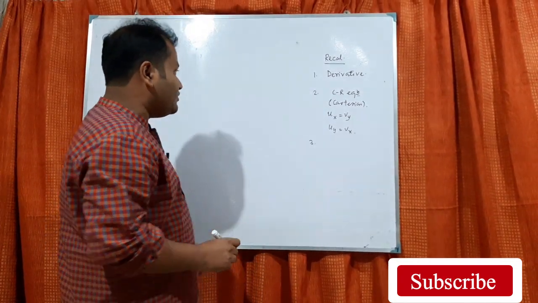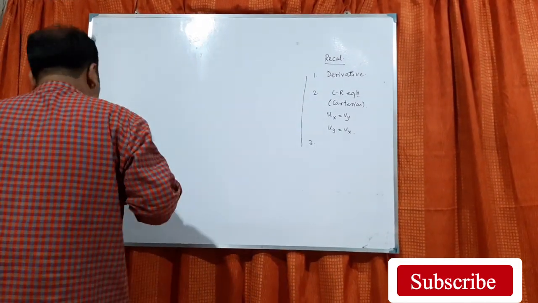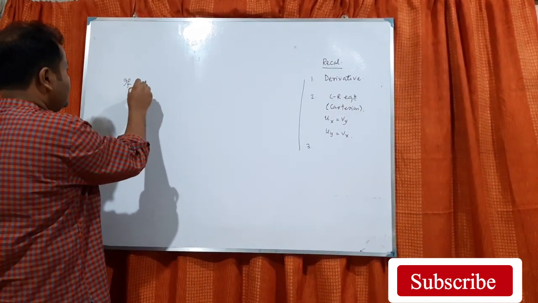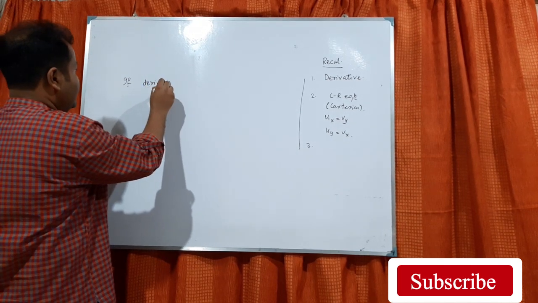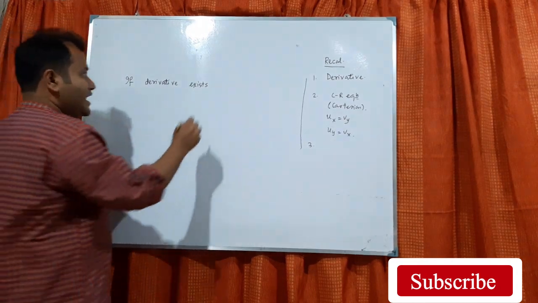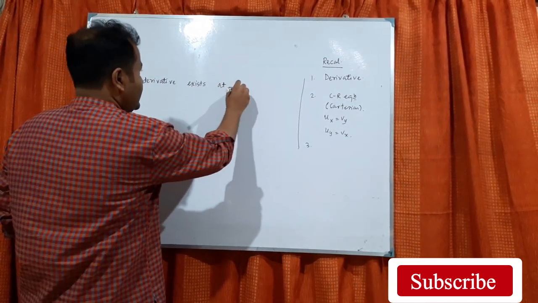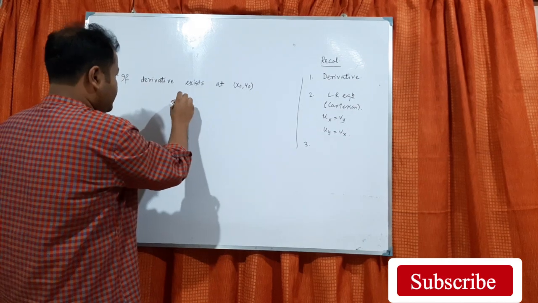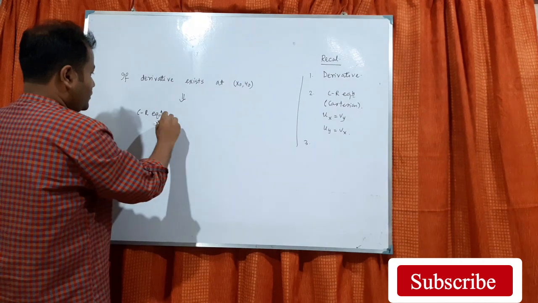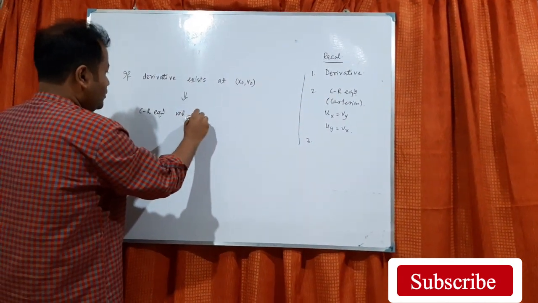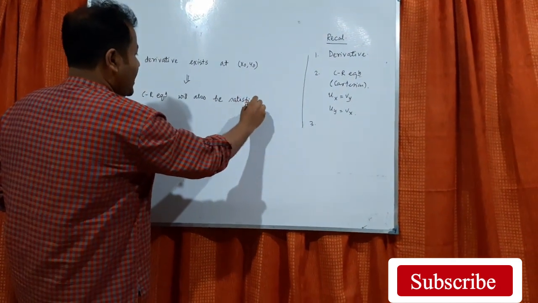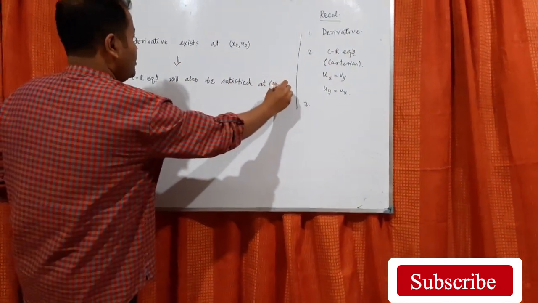In that condition we have seen that the model of that condition was: if the derivative exists at x naught, y naught, that implies that the CR equation will also be satisfied at x naught, y naught.